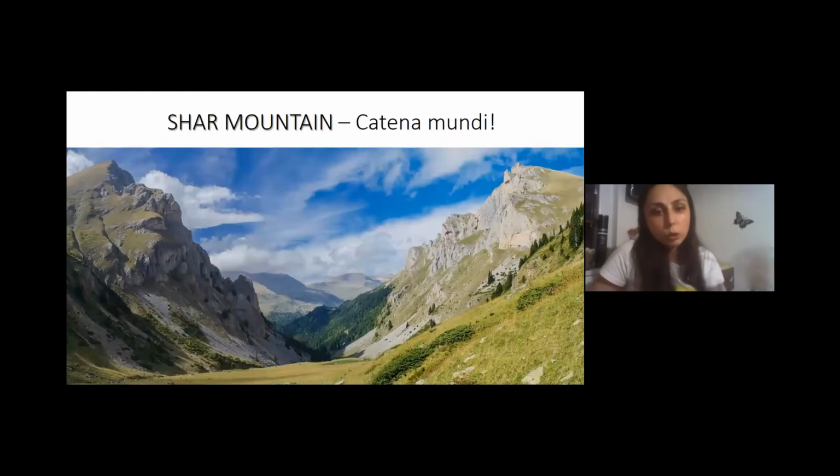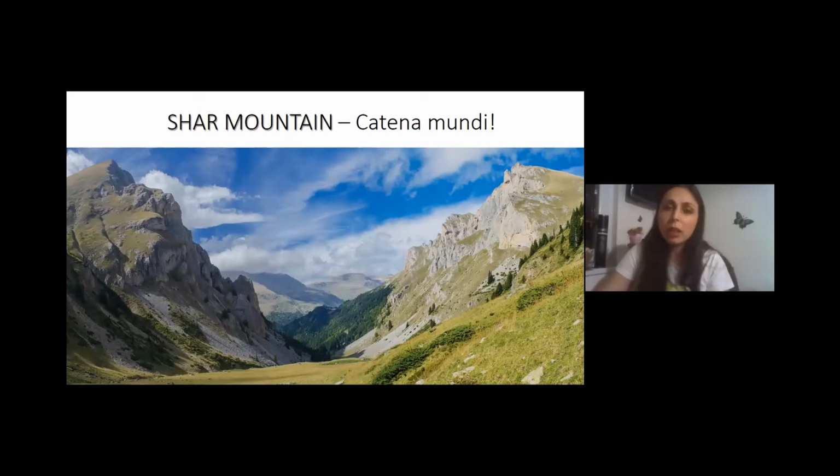I showed you the mountain range on the Google Earth image. Shar Mountain is a huge mountain. Up to the 19th century, it was known by the name Catena Mundi, which in Latin refers to the chain of the world. It was considered the highest mountain in the Balkans.